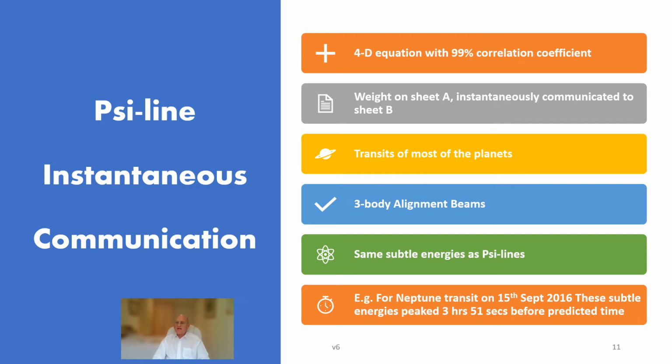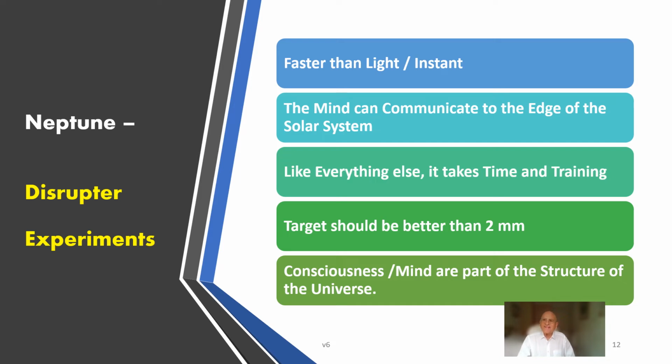Hence, this technique for entanglement using subtle energy psi lines and the 3 bodies in alignment demonstrates instantaneous communication. It is important to emphasize the mind-blowing, unexpected results from the experiments involving Neptune and most of the planets.